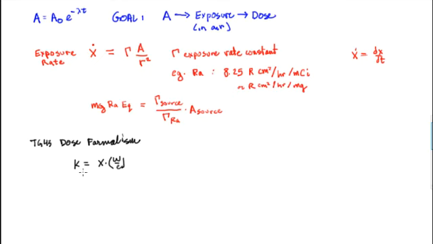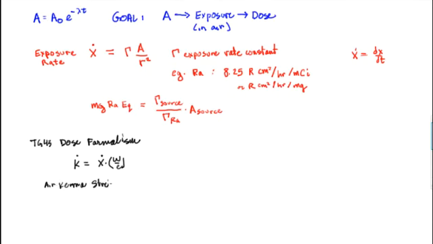This is actually the collision kerma in this expression, and we'll talk about that in much more detail when we talk about radiative loss in tissue, but for now it's just the kerma. And then you can of course relate the rate of kerma to the exposure rate. Those are both rates.